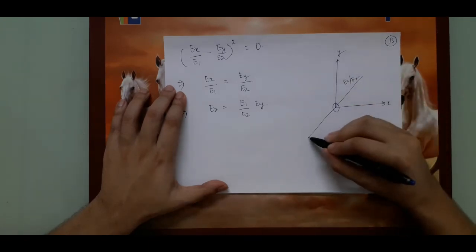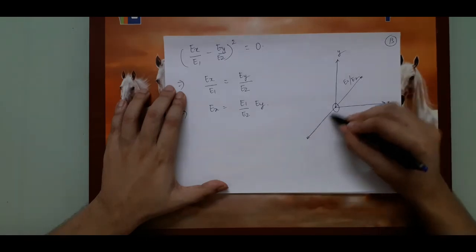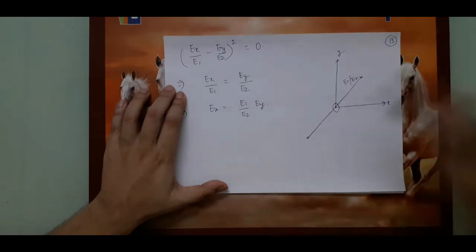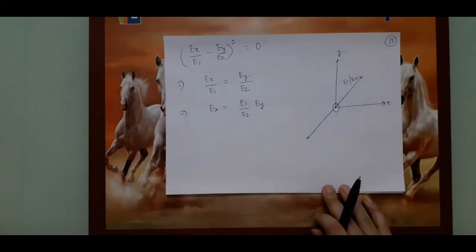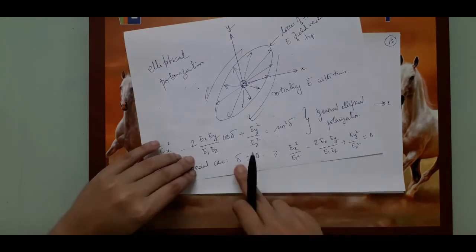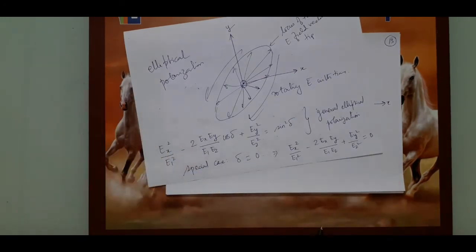So now the electric field vector traces this path. It is essentially oscillating along a line. That is because we have put the case of delta equal to 0, that is to say, the phase difference between the two electric field components on the two axes is 0.